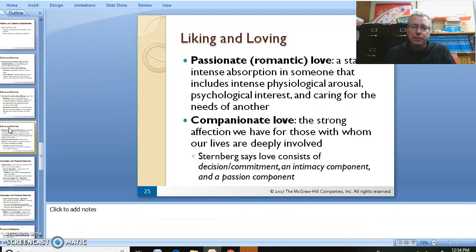There's two types of love that we need to know about when you're dealing with the opposite gender. There's passionate love. This starts out at first. You always want to be around each other. You're always kissing each other. If you're an adult, this is where the most intercourse is happening, and so you're always physiologically aroused when you're around the other person. You're constantly thinking about the other person.